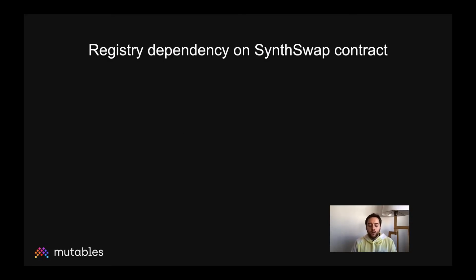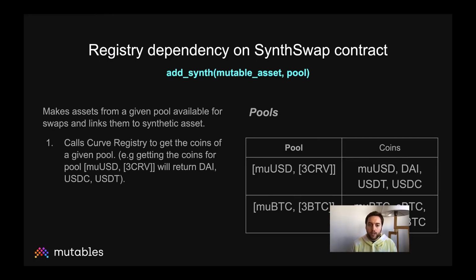Okay, let's see now one example of a Curve registry dependency that we can see on the synth swap contract. There's a function called addSynth that we have renamed to addMutable, which is used to allow a new asset to work with these mutables powered swaps or the cross asset swaps.